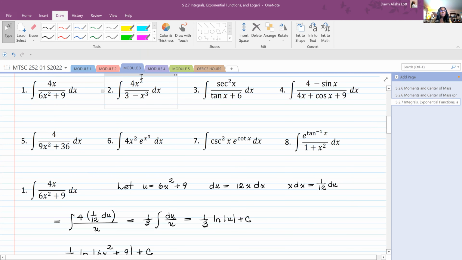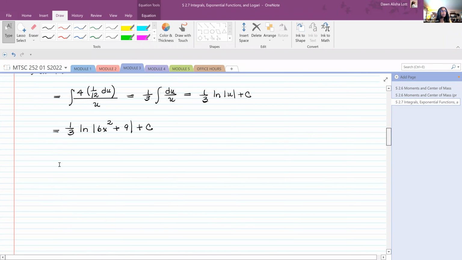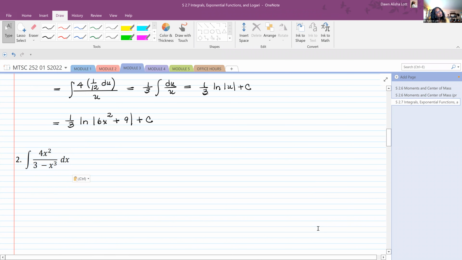Number 2. What's u? 3 minus x cubed. Good. Du would just be 3x dx.